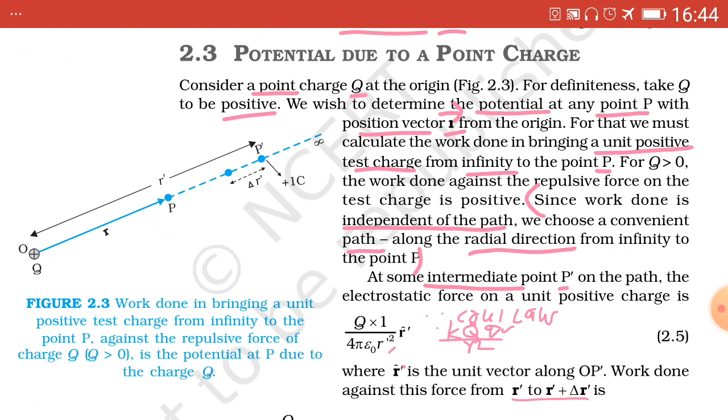We consider a point charge capital Q at the origin, that is, we take capital Q to be positive. Capital Q plus is shown in the diagram at point O, which is the origin.